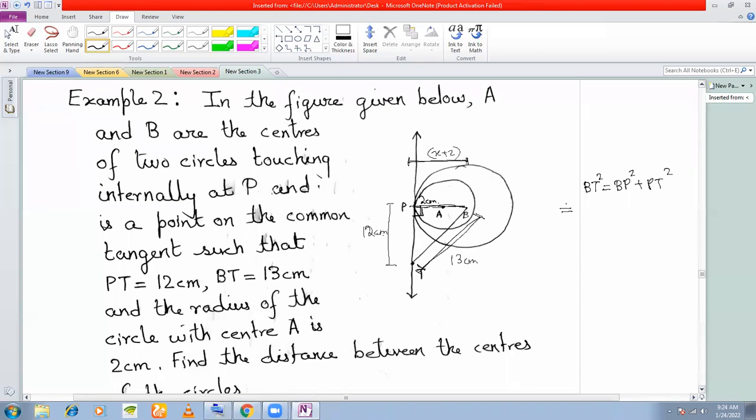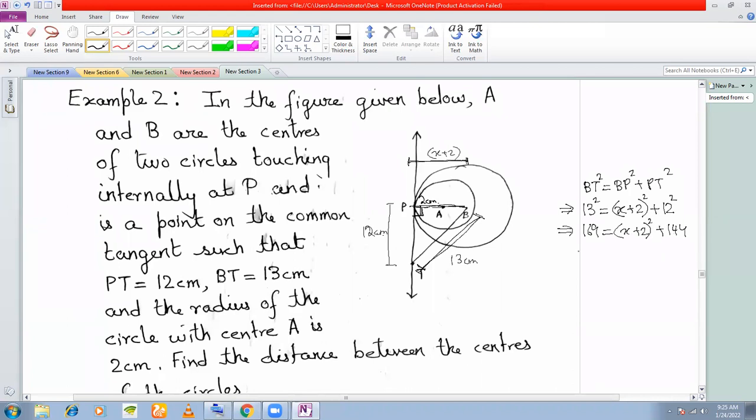Now, if you put the values here, BT is 13, BP is x plus 2, and PT here is 12. Now you need to solve this quadratic to get the value of x, that is the distance between the centers. Okay, and how do you solve this? So you can simply solve this by writing 13 square as 169, and you have x plus 2 square plus 144.